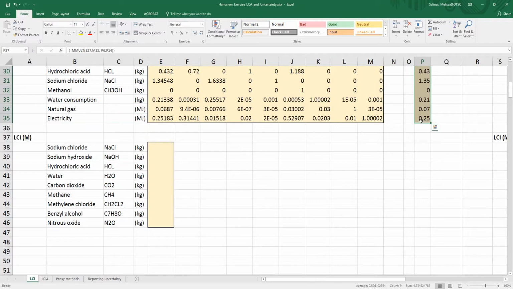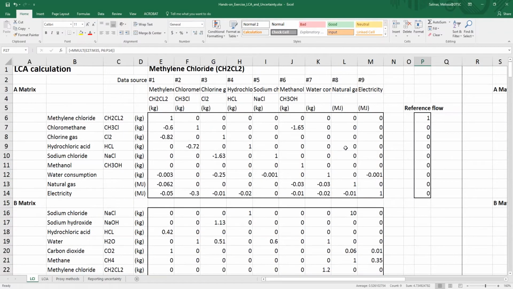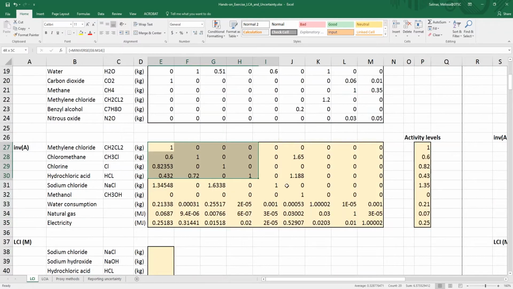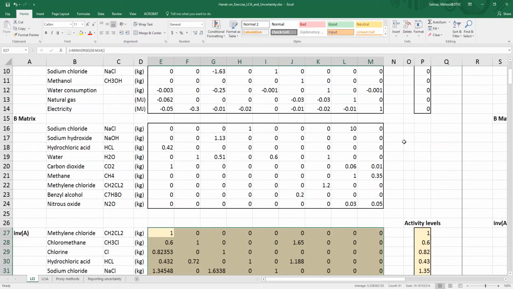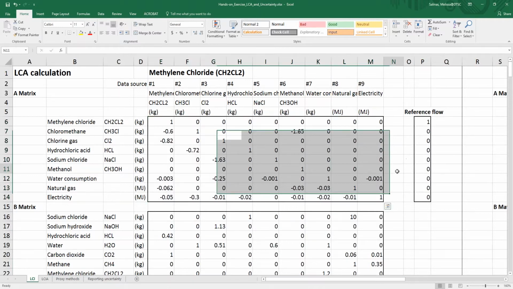If you need any help, just raise your hand so that I can walk to you, or Munya can walk to you. Let me very briefly recap what we have done so far. First, we made an inverse matrix of the intermediate flows, the A matrix, the technology matrix, just intermediate flows without any environmental emissions.